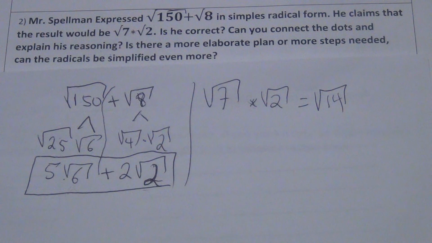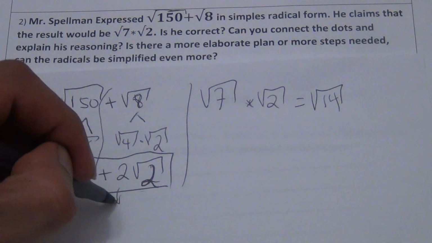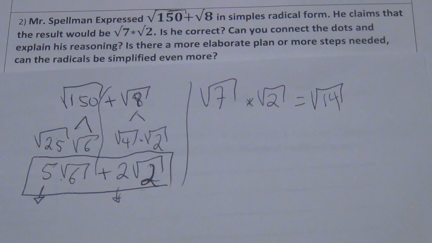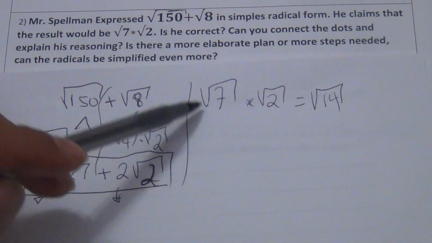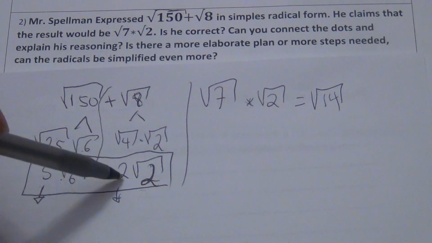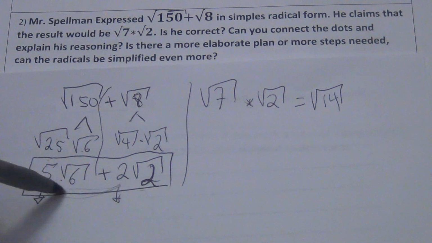I get that he might have added these two numbers, but I don't get the fact that this is a 6 and this is a 2, and you cannot combine them. So radical 7, yeah, this is the only thing that makes sense from Mr. Spellman.